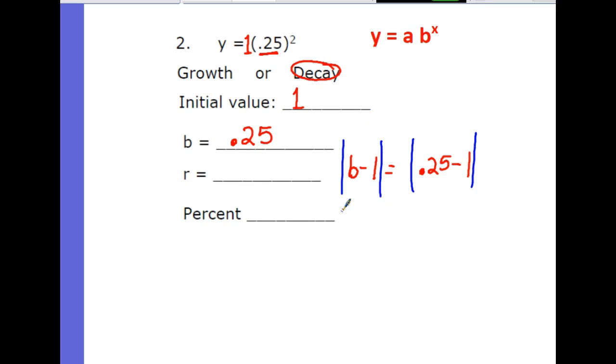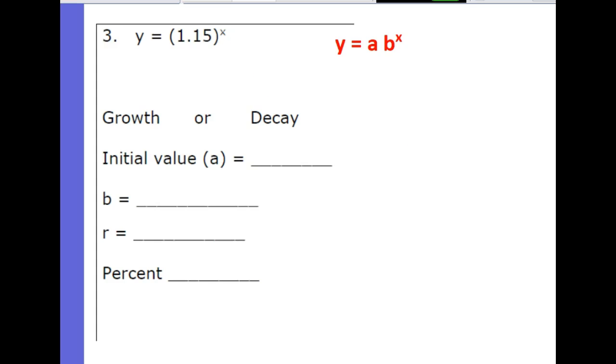Remember absolute value? What's the absolute value going to do to my negative 0.75? This rate always has to be a positive number, and so 0.75 times 100 will be 75% decrease. And very often, we talk about these kinds of things in terms of percents, which is why we're putting this in our notes.